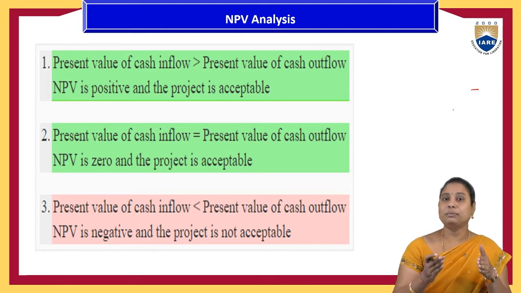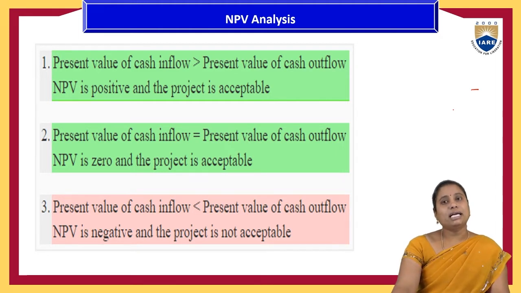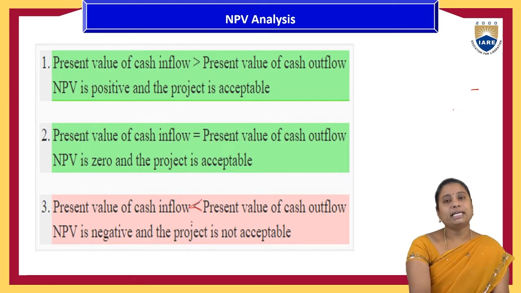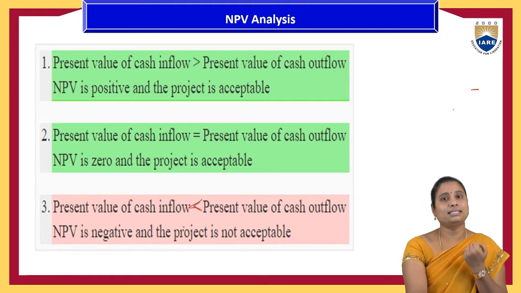That is acceptable because it is at the break-even point. But if the present value of the cash inflows is less than the present value of the cash outflows, they are getting less returns than their investment, so the project can be rejected.